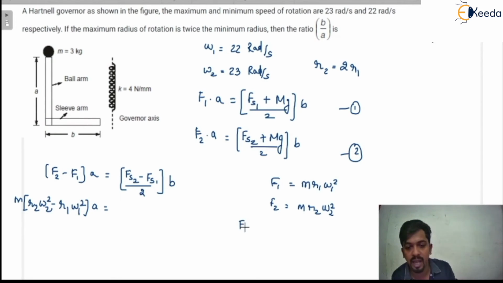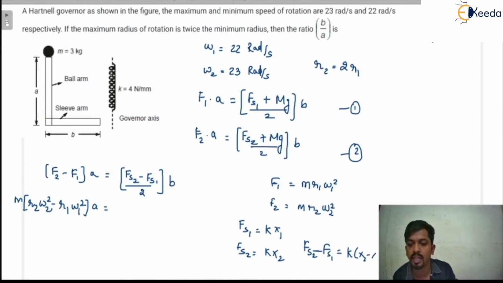Fs1 is equal to Kx1. This is the spring force. Similarly, Fs2 will be Kx2. So from here Fs2 minus Fs1 would be K(x2 minus x1).